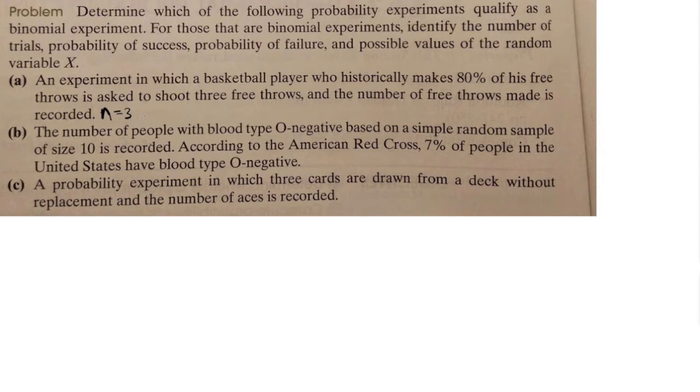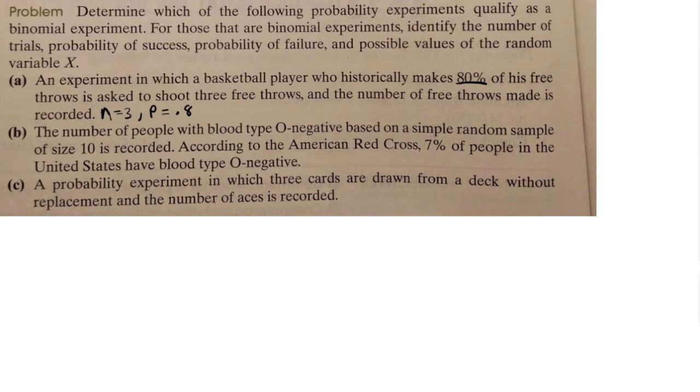And then the last one, the probability of success is the same for every trial. The probability of success in this case is given to us right here. Historically he makes 80% of his throws, so the probability of success p is 80%, or 0.8.